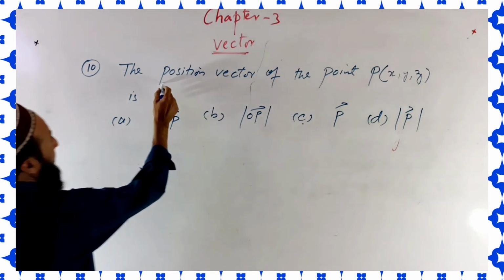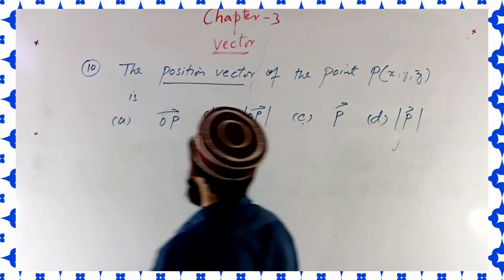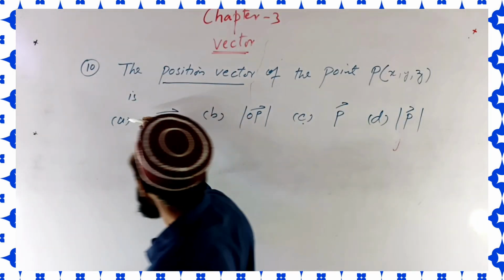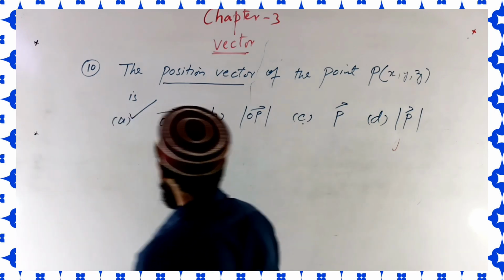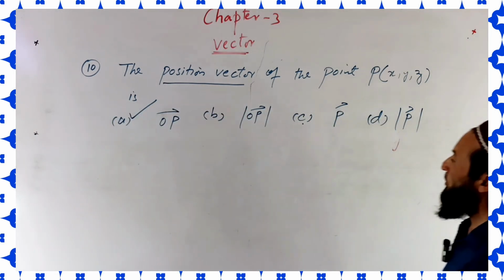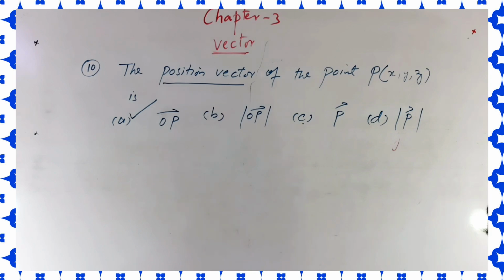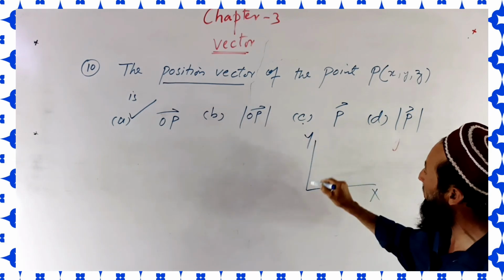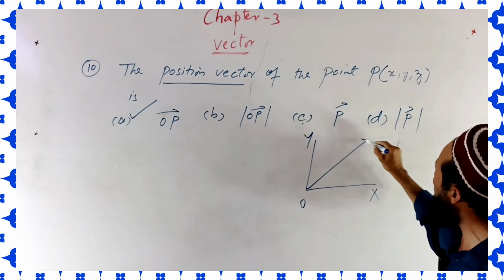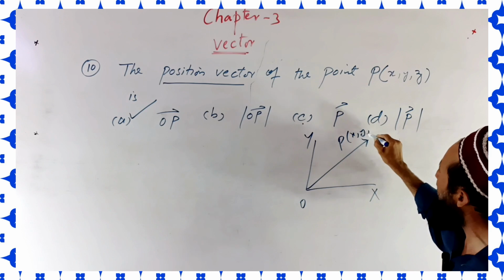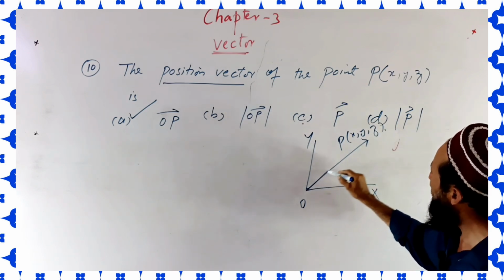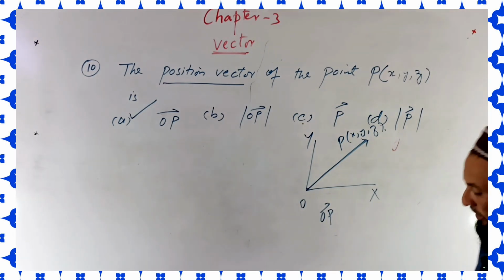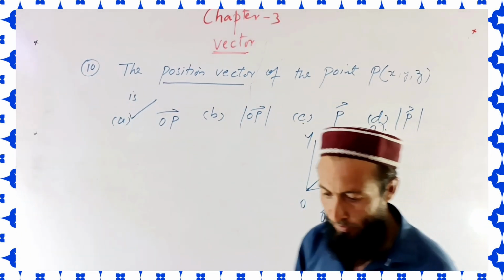The position vector always starts from the initial point at the origin. OP is any point, started from the origin along the x-axis and y-axis. So this is the position vector. P is any point (x, y, z). So this is the position vector if we write it geometrically, OP.